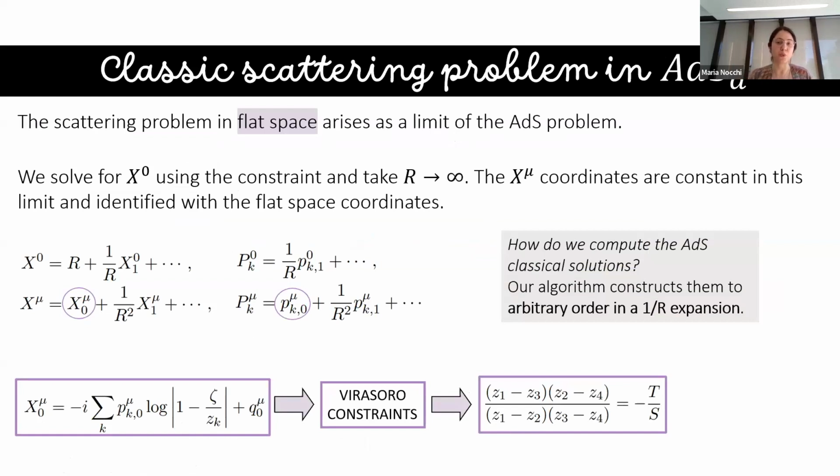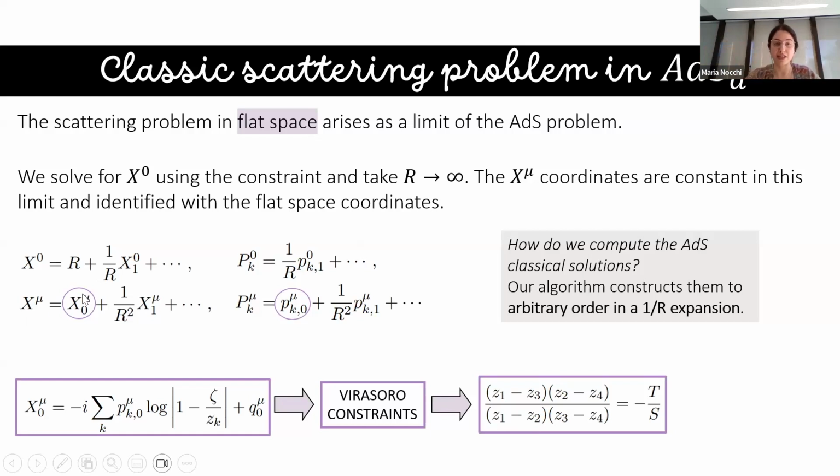The way that we computed the AdS classical solutions is through an algorithm that constructs the solution to arbitrary order in the 1/R expansion. Let us focus only on the mu indices, because the 0th one is constrained by this embedding space relation. So you have X^mu, and you expand in powers of 1 over R squared.